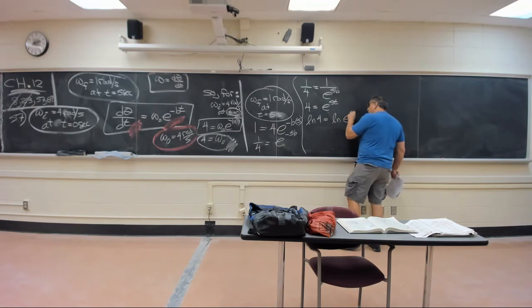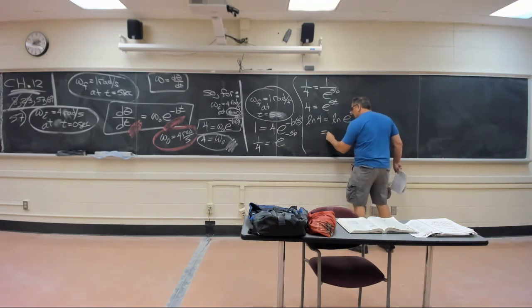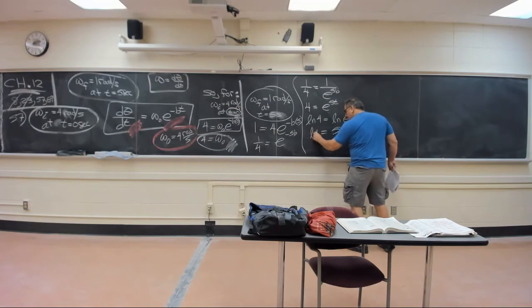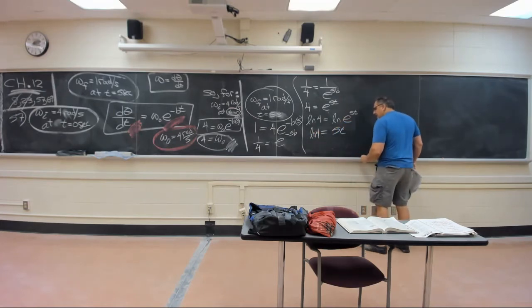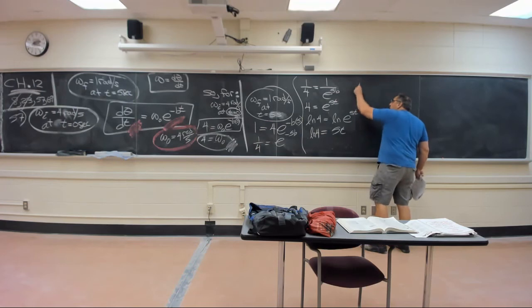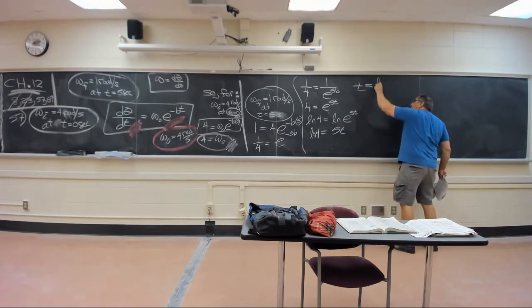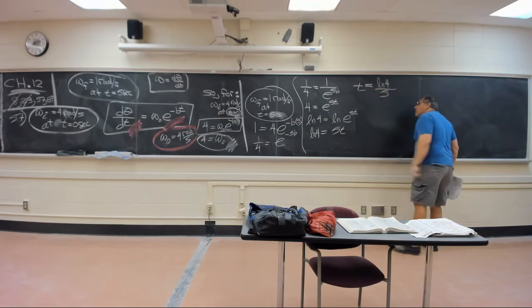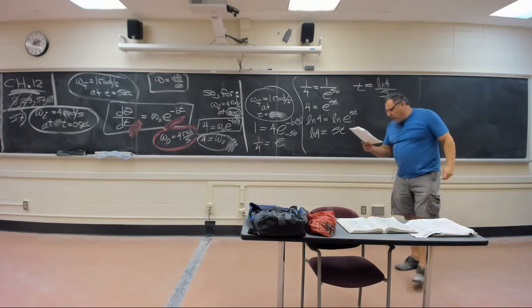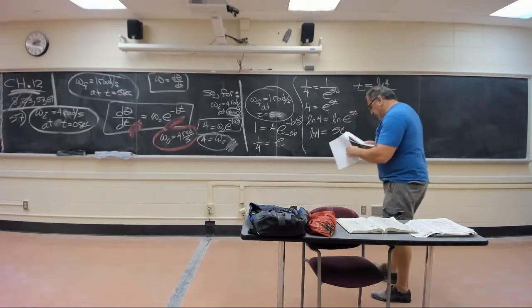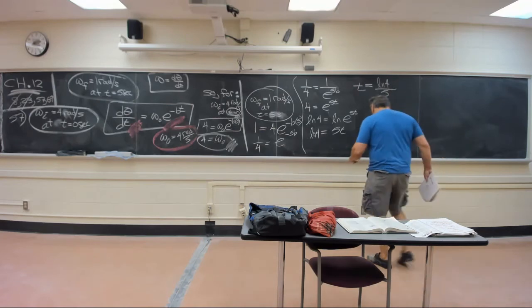The natural logarithm of something exponentiated... t equals ln 4 over 5. Yeah, that's a little bit of a messy number, but it's true. It's a true story.